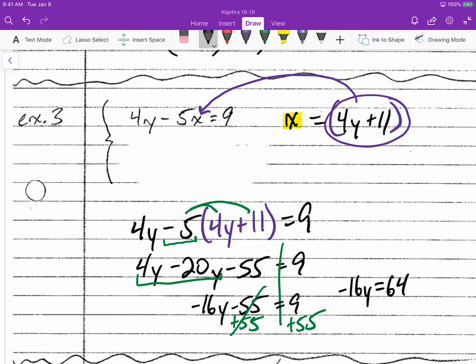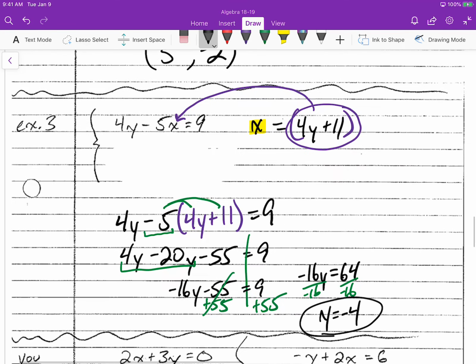64. Oh, believe it or not, after all of that, I do actually know that 16 goes into 64. I'm going to divide both sides by negative 16. And after all that work, I get y equals negative 4. All right, so you do all that work, and you got to remember, my answer is a point. I've only found half of it.